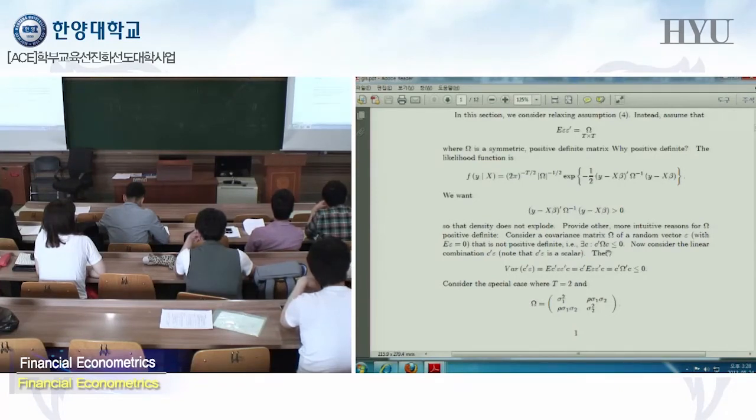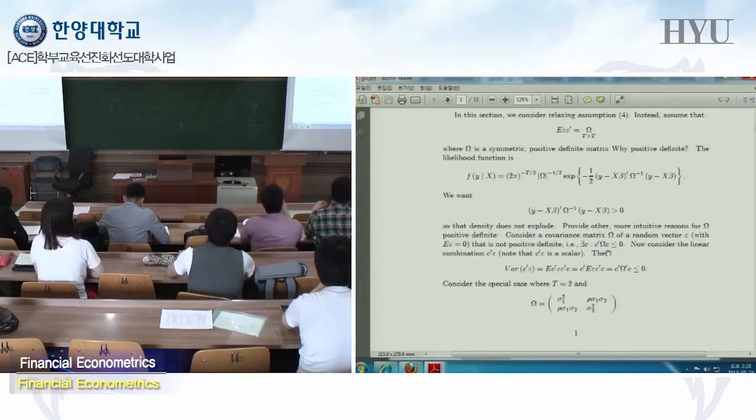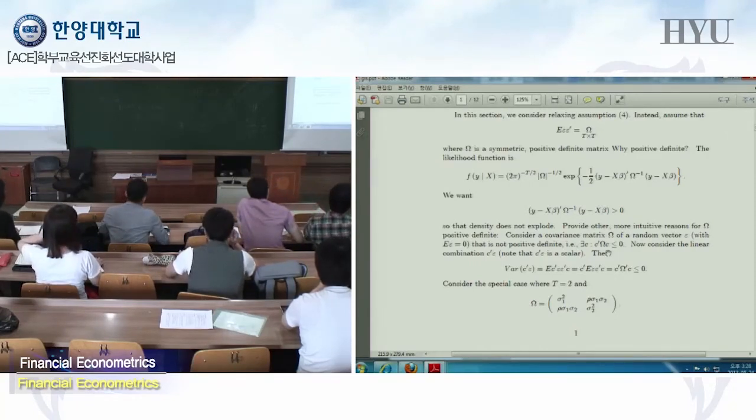A variance shouldn't be negative. It is possibly 0, but we know epsilon is not constant. Therefore, this one should always be positive. It is basically the variance of some random number.